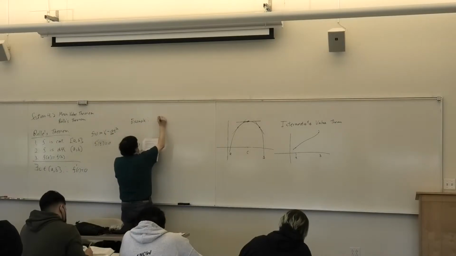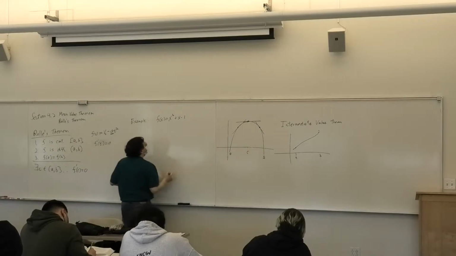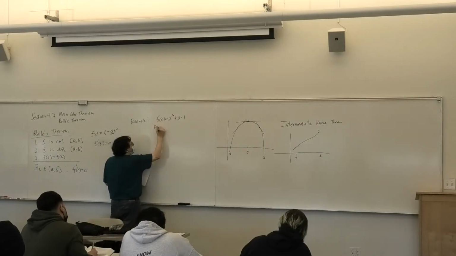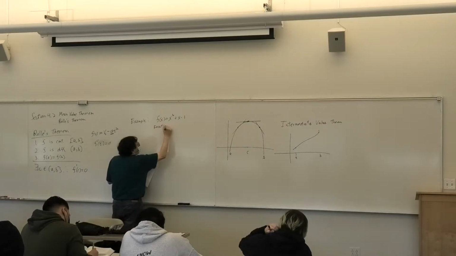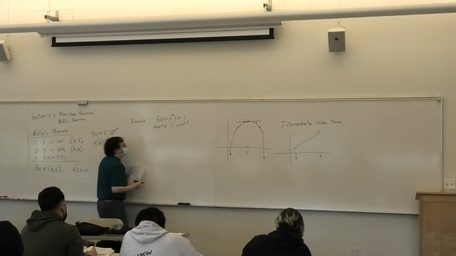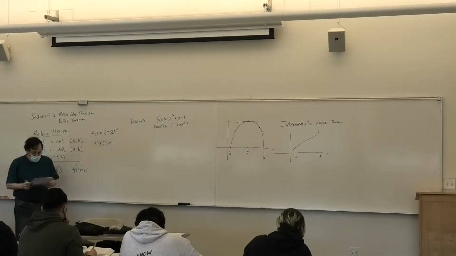We have the function f of x equals x cubed plus x minus 1. And we want to prove it has exactly one root. No more, no less. So, how do we go about that?